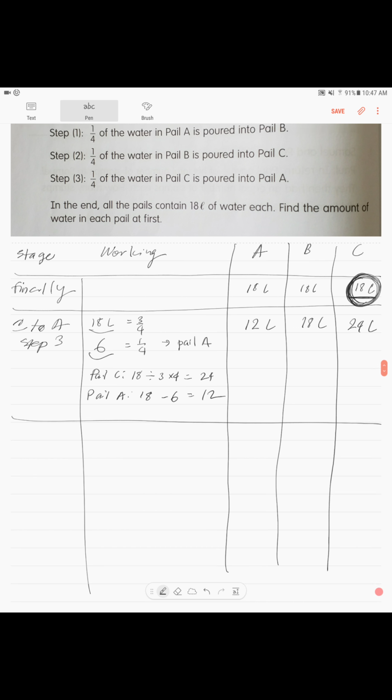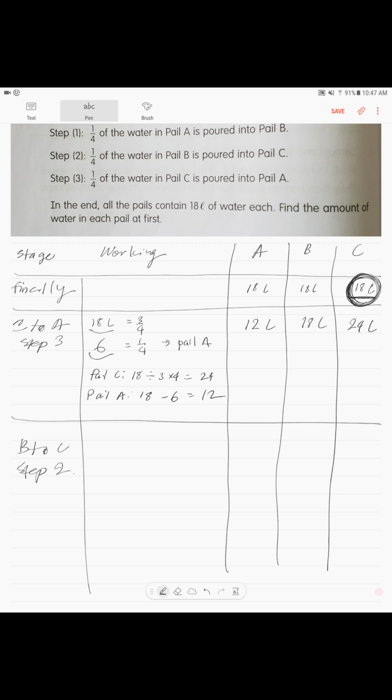Step 2. 1/4 of the water in pail B is poured into pail C. Same thing, right? So we call it B to C, or step 2. So what's happening again? 1/4 of the water in pail B is poured into pail C, so this is 3/4. So again, 18 liters.